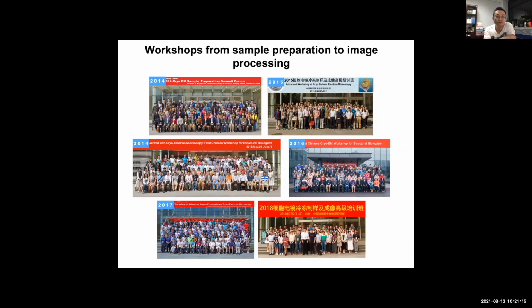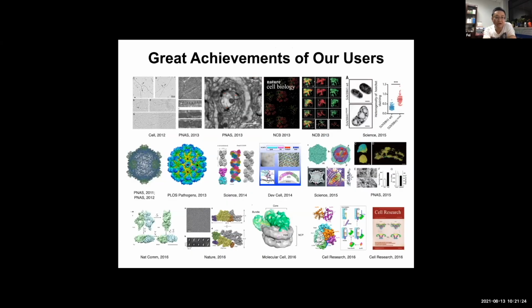Each year, we organize 1 or 2 workshops for our users. In the country, we have a large user group, about 100 user groups. And many users can use the service of our biological center to have very good production and publish many good papers.